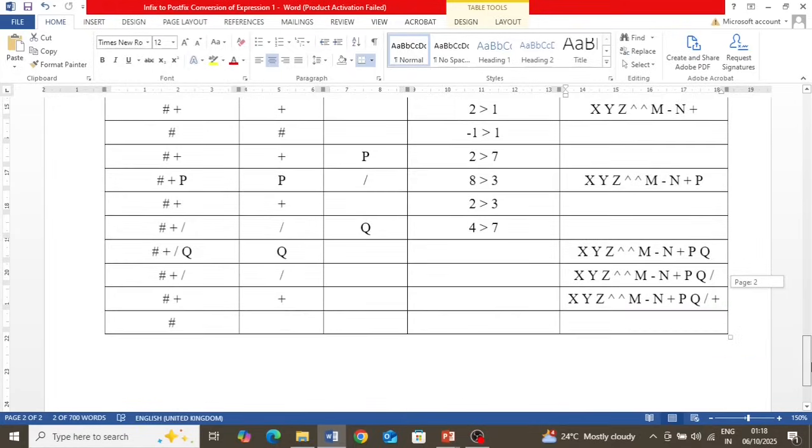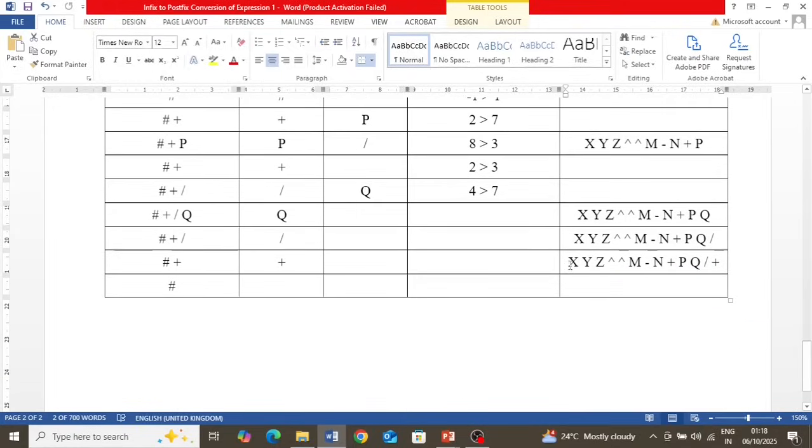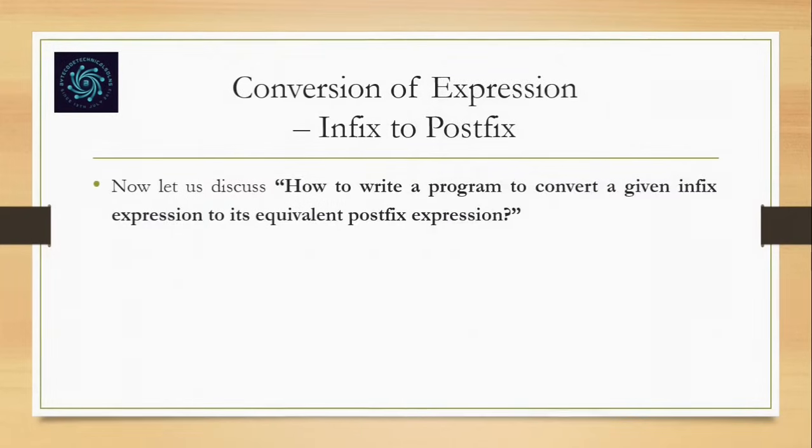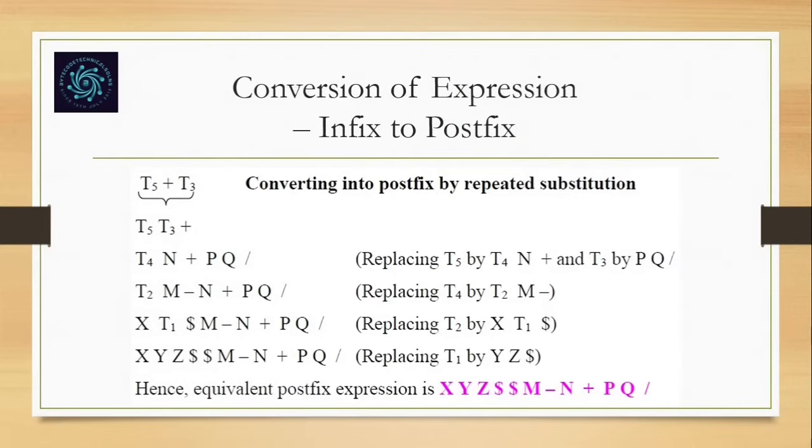In the end we get the expression as x, y, z, two times raised to symbol, m minus n plus p q division symbol and then plus. Compare with the expression that we got by applying the mathematical way.